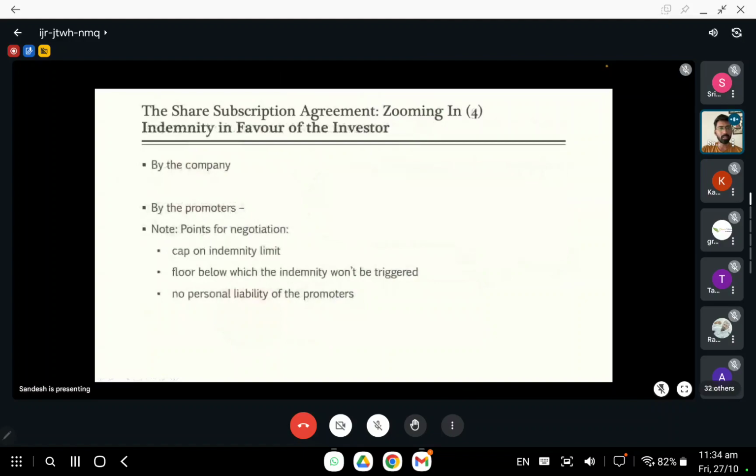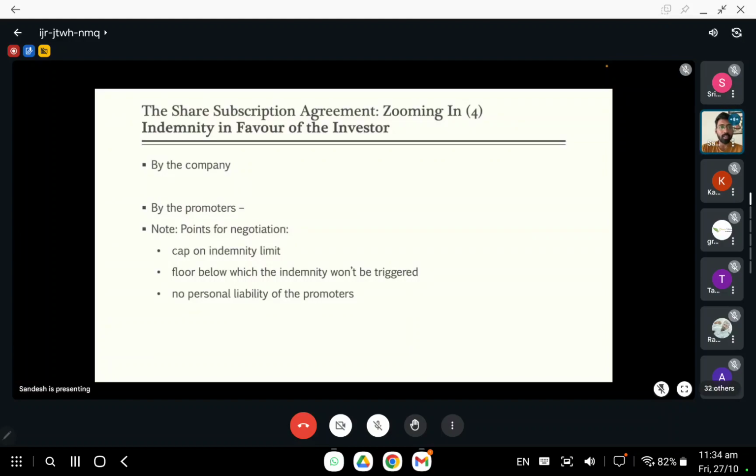So far you would have made certain promises, the investor has agreed to rely on your promise, and he would have invested money into the company, right? In case any of those are wrong, let's say you say, I have paid all my taxes on time and I have no tax dues from the income tax department or the GST. But tomorrow, you get a notice for about 20 lakhs and you have to pay a fine to the income tax department.